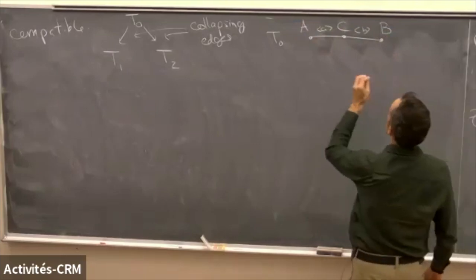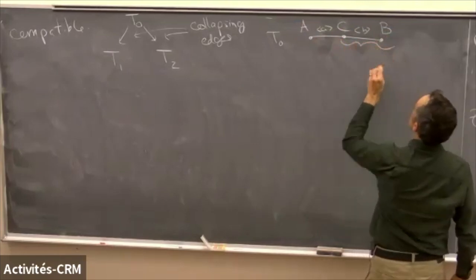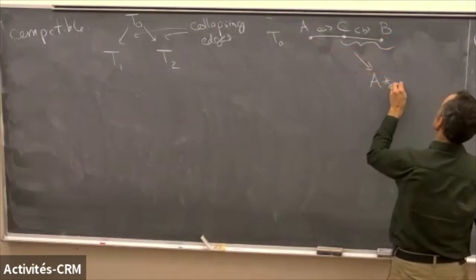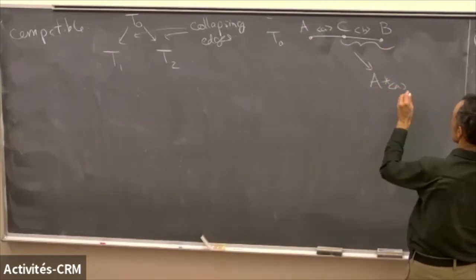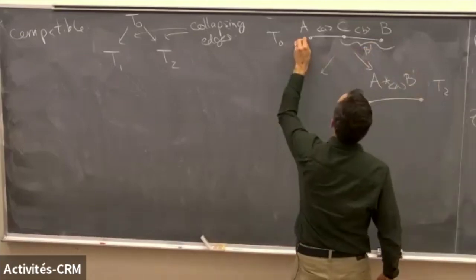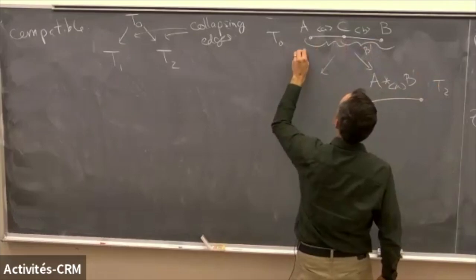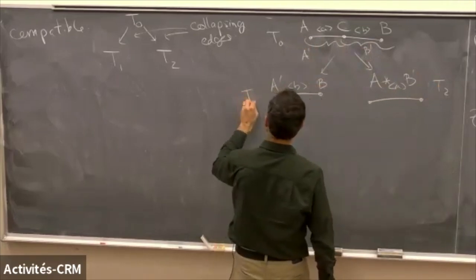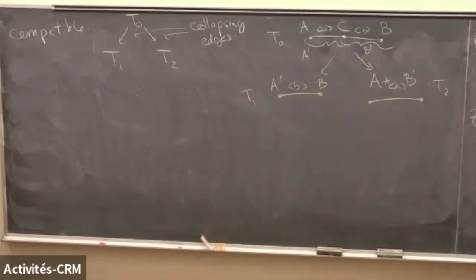If I collapse one of these edges, say that edge over there, I get something that looks like the amalgamation of A over A with group B prime. Or I could collapse the other one, call that subgroup A prime, and I'll get a different tree, a different graph of groups decomposition. That's what it means to be compatible, right? You have some larger tree or some larger graph of groups decomposition, and you're just collapsing some edges to get from one to the other.